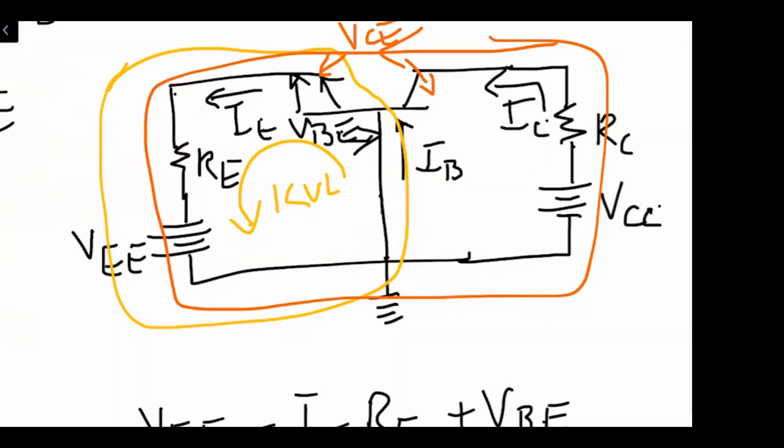Now in RC the current which is flowing is IC, and in RE the current which is flowing is IE.